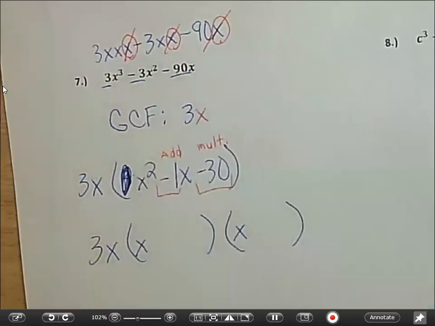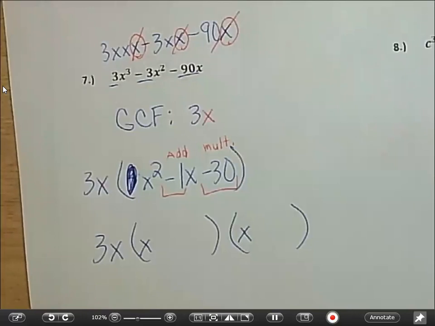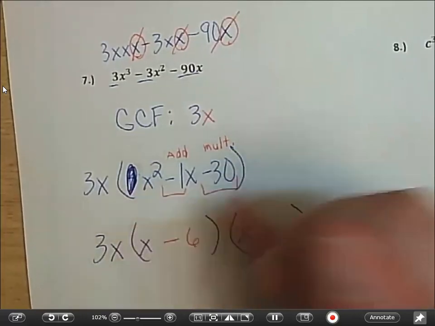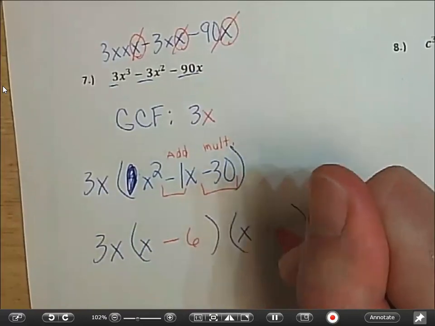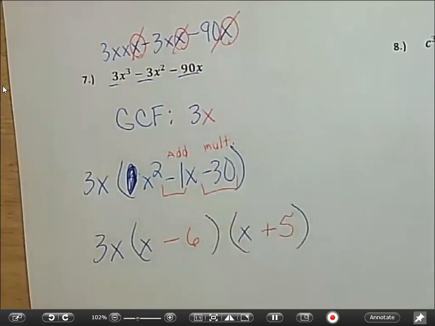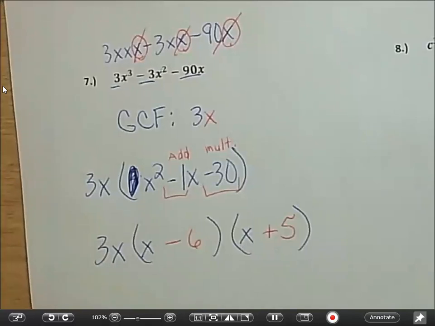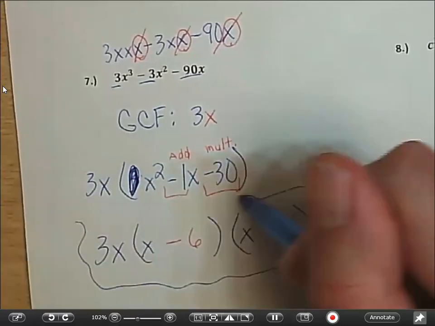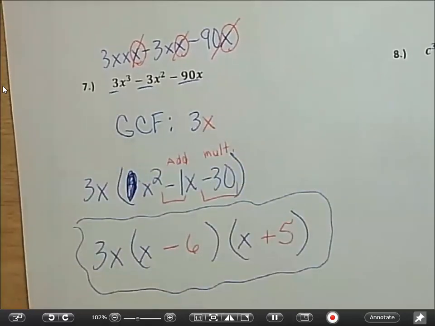It's okay if you can't come up with them as quickly as I do or as some of your peers do, but the pair of numbers that's going to do that is going to be negative 6 and positive 5. Yes, you can have the 6 and the 5 switched around as long as the 6 gets the negative and the 5 gets the positive. So this monstrosity, that is the final factored form of that original expression.